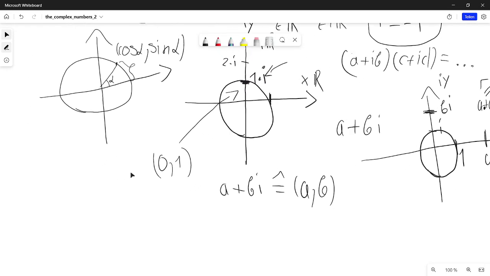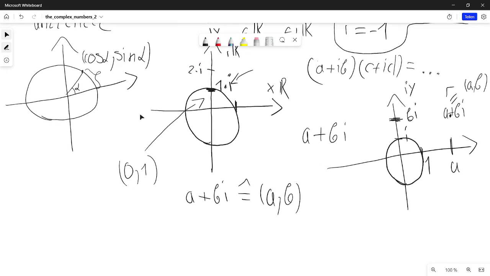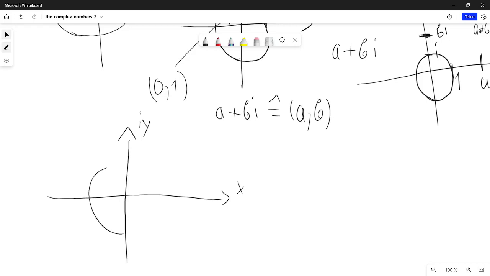Alright, but now recall this. If we now apply our i formalism to this thing here, what do we get? Well, here's 1, here's our angle, and here we measure cosine alpha as always.